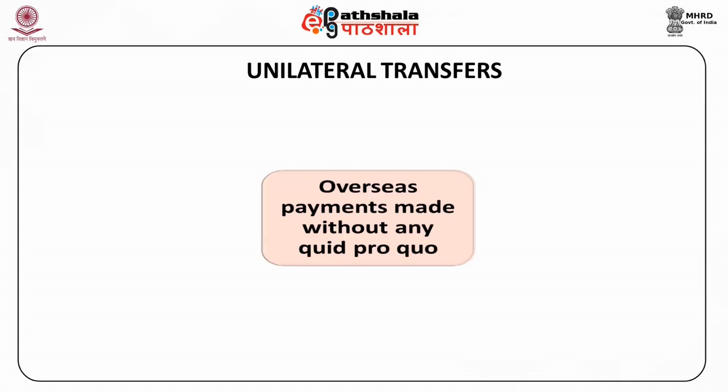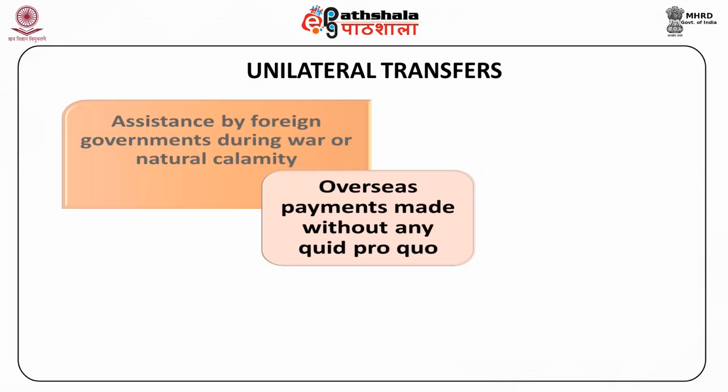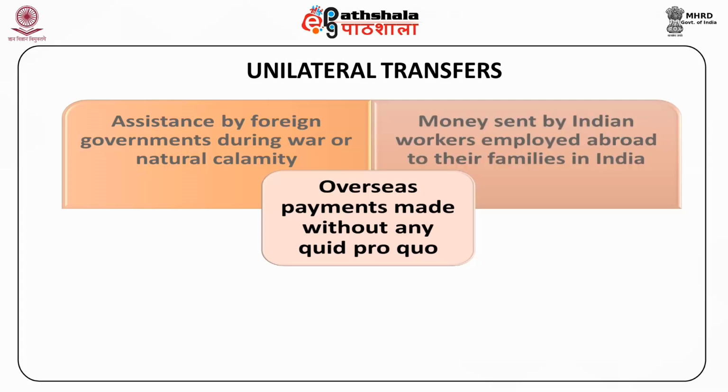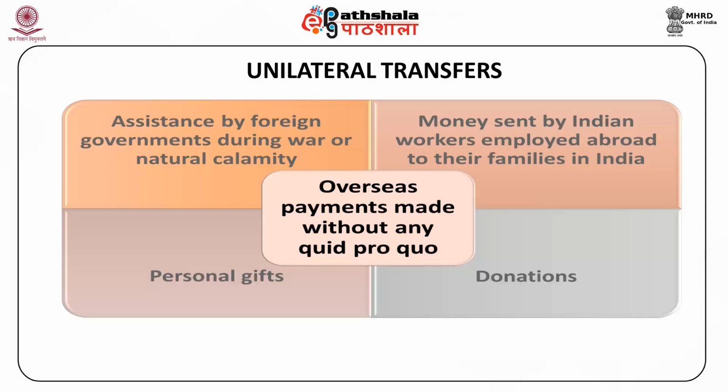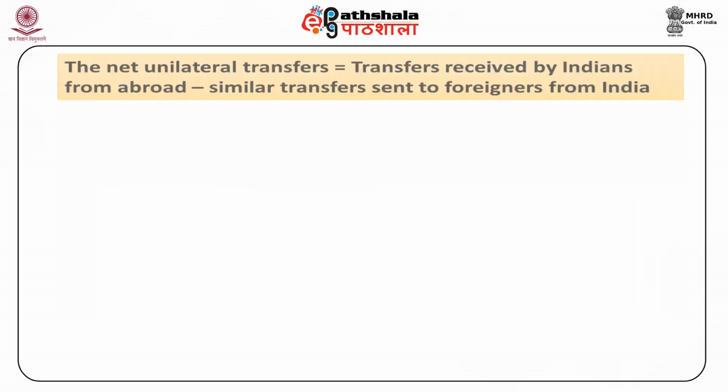Overseas payments made without any quid pro quo, such as assistance by foreign governments during war or natural calamity, workers' remittances, for example money sent by Indian workers employed abroad to their families in India, personal gifts, donations, etc., are recorded in the current account. The net unilateral transfers are transfers received by Indians from abroad minus similar transfers sent to foreigners from India.